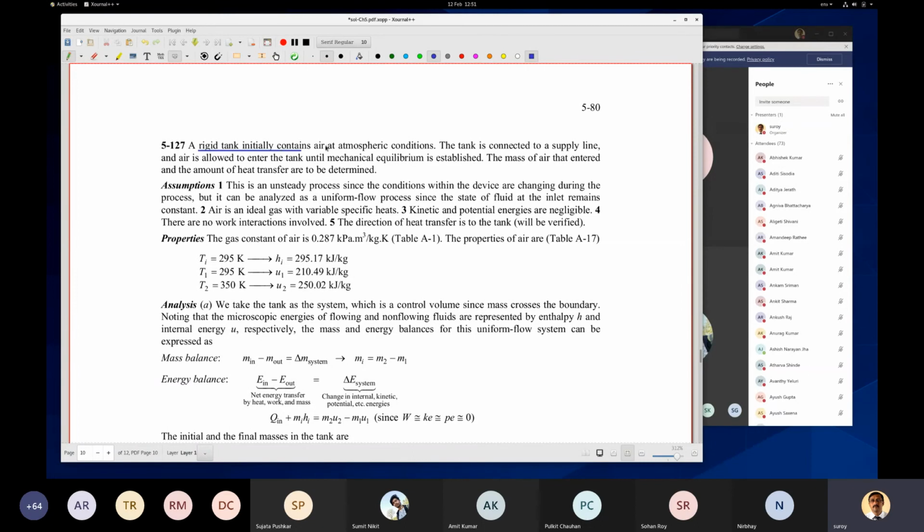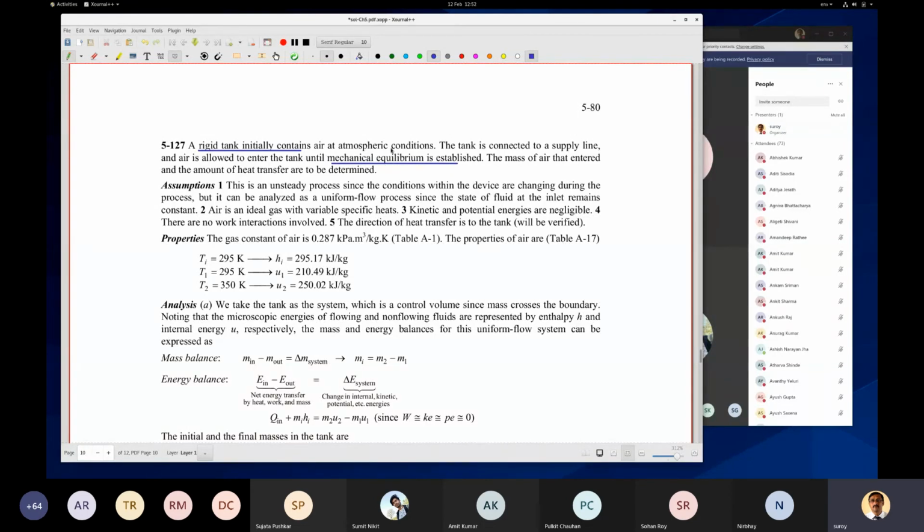A rigid tank initially contains air at atmospheric conditions. The tank is connected to a supply line and air is allowed to enter the tank until mechanical equilibrium is reached. What is mechanical equilibrium? When will you have mechanical equilibrium?